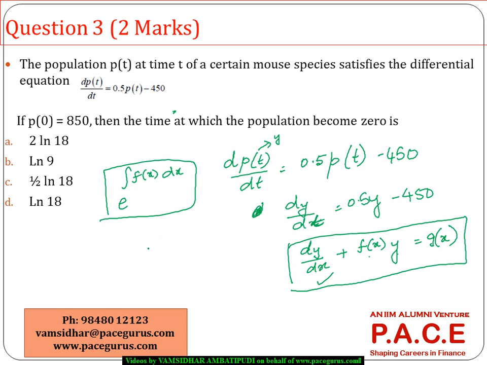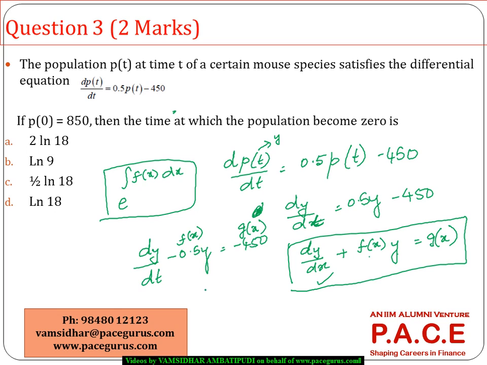So probably I am thinking of writing it as dy by dt minus 0.5y is equal to minus 450. So probably this f of x I am treating as minus 0.5 and g of x I will treat as minus 450.